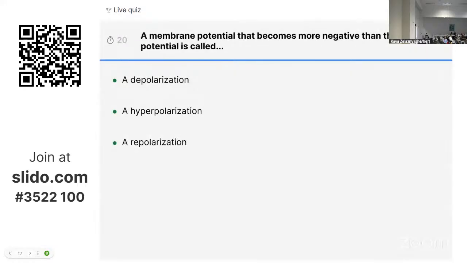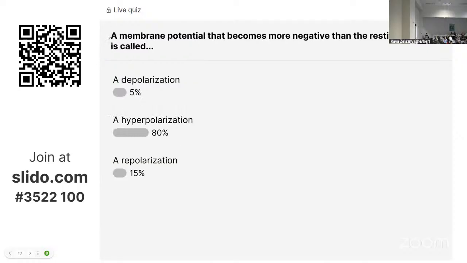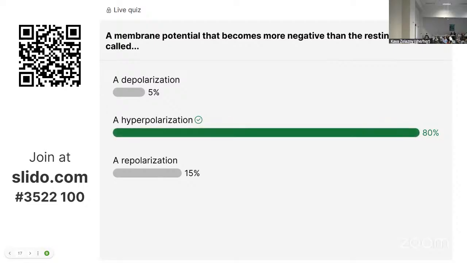And we had words for each of these things. We have a word for becoming more positive. We also have a word for becoming more negative than our resting membrane potential. Going up was depolarization, going down is hyperpolarization. So extra polarized, extra negative.